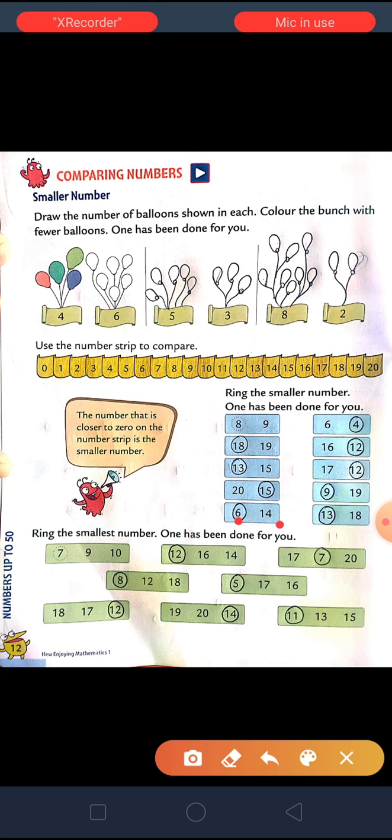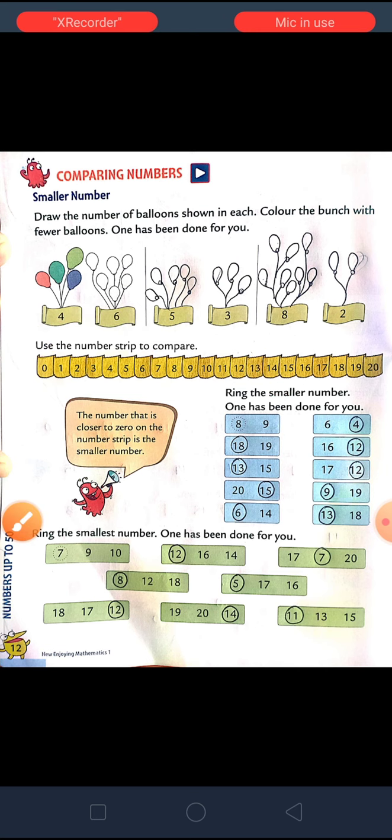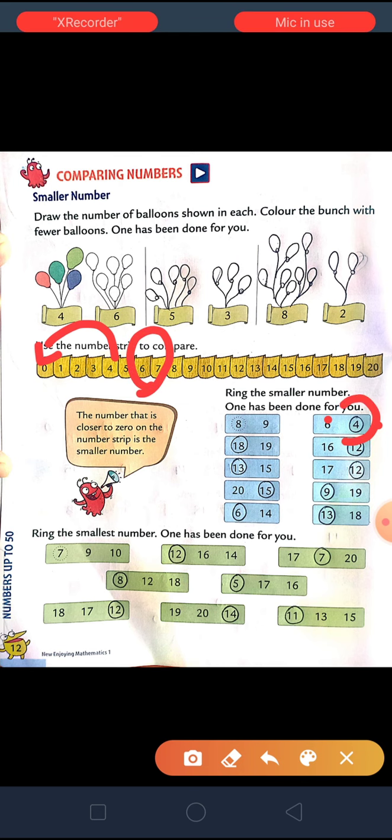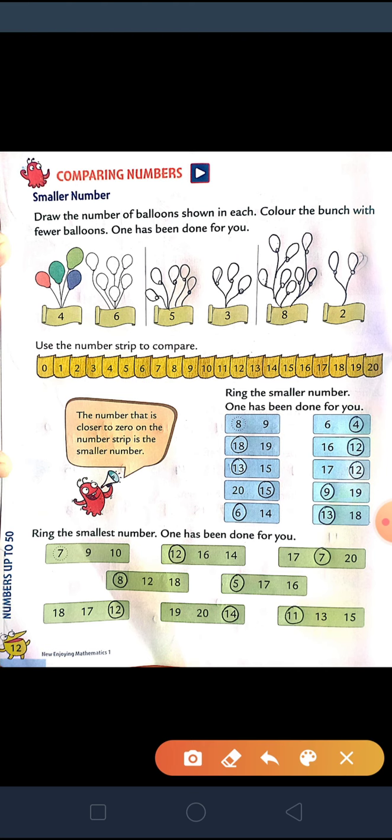From 6 and 14, 6 is closer to 0 compared to 14. So 6 is the smaller number. From 6 and 4, 4 is closer to 0 than 6. So 4 will be the smaller number.